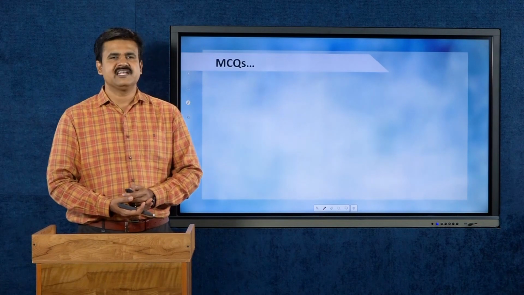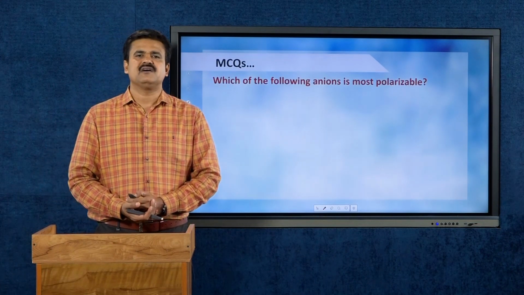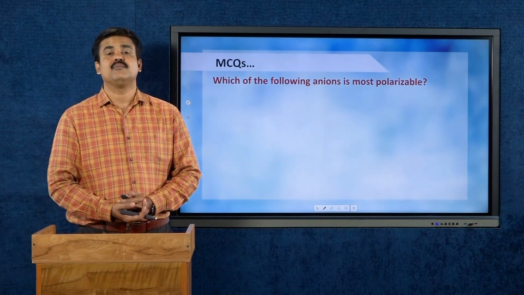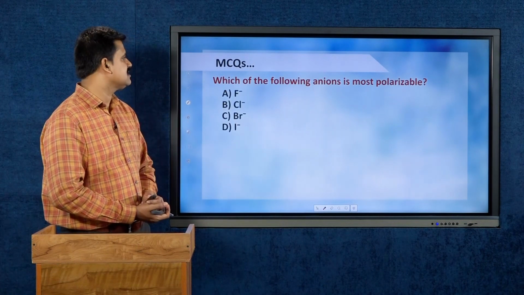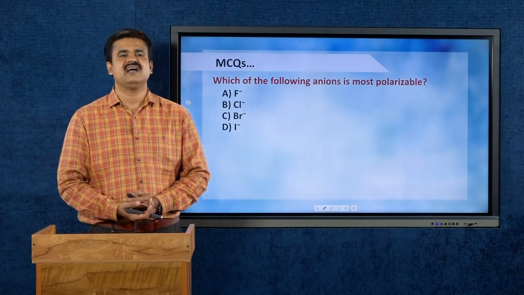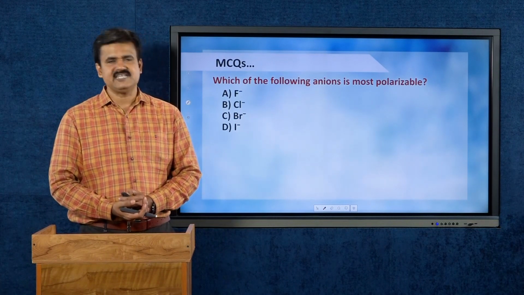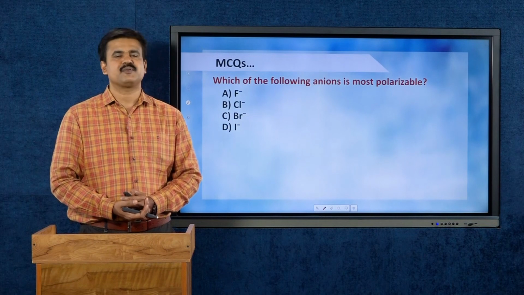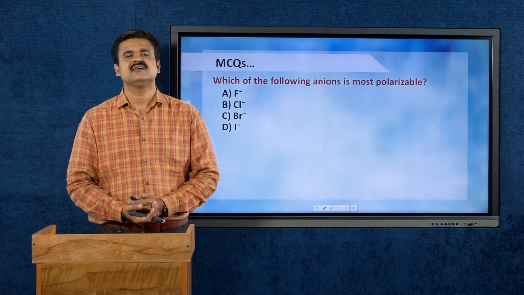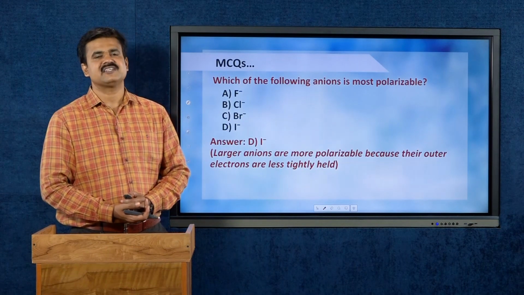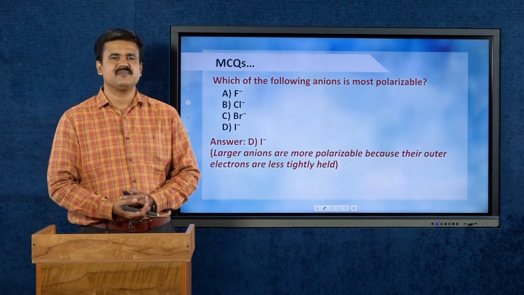Now, another MCQ. Which of the following anions is most polarizable? These are 4 anions: F minus, Cl minus, Br minus and I minus. Polarizability is directly proportional to size of the anion. You have to keep that point in your mind. Based on that reasoning, you can arrive at the final answer as option D, that is I minus.